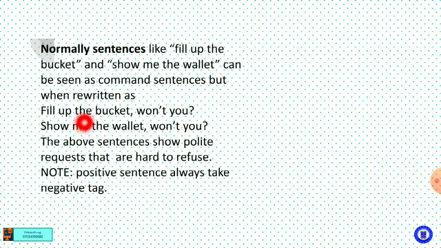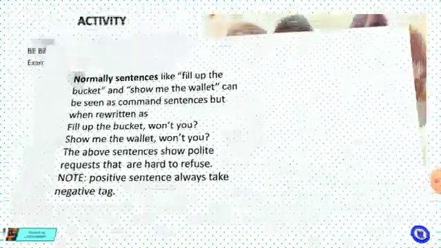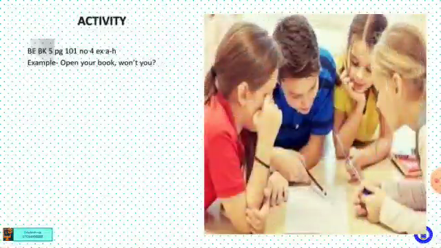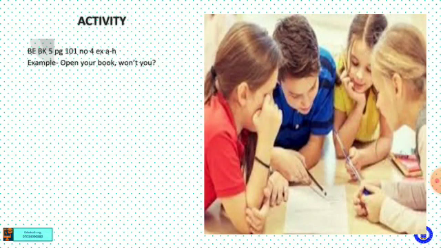When your sentence does not have the word not, we assume that it is a positive sentence, but when there is the presence of not, the sentence is no longer positive. It has turned into a negative sentence. That's all we have for today's lesson.